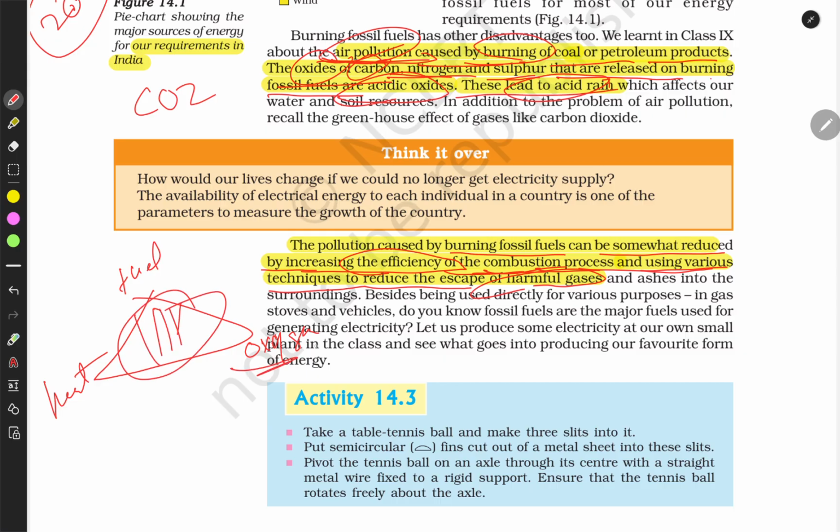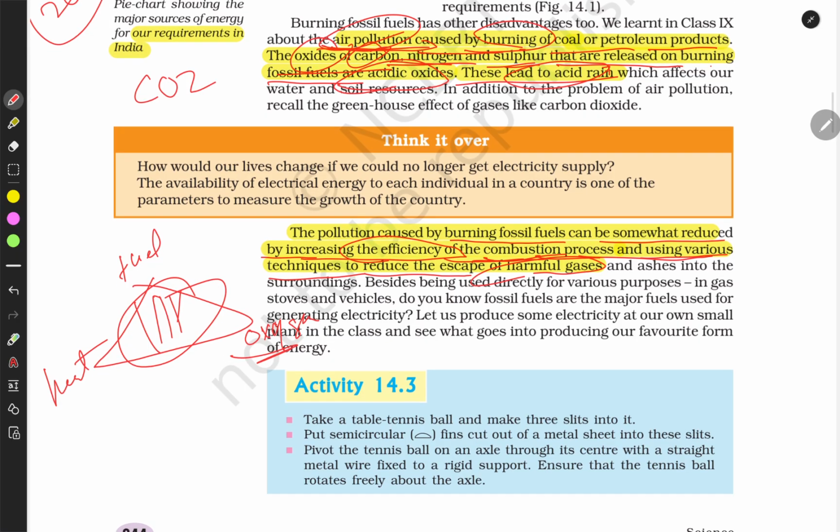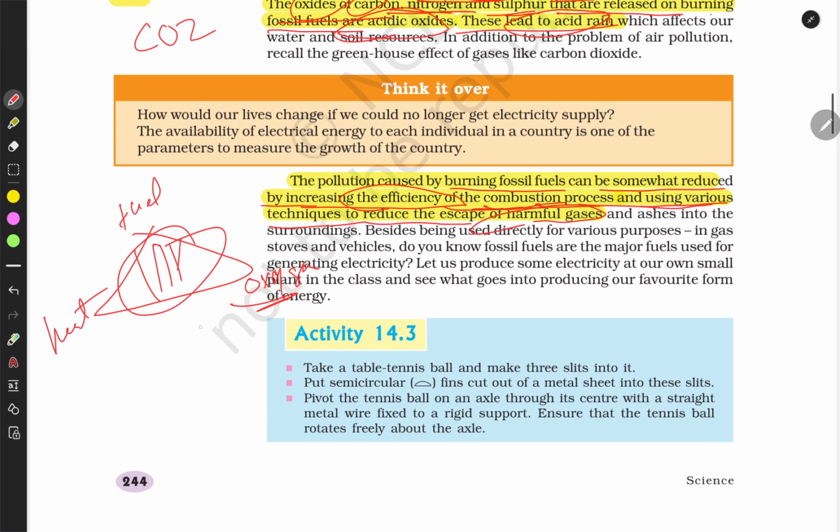And if the oxygen is not enough, it will burn, but it will not be efficient. That means all the power of the fuel cannot be converted into heat. So most of it will escape into the air without converting into heat.